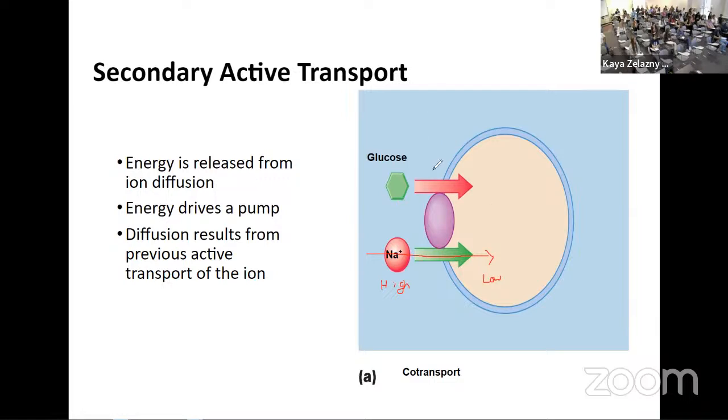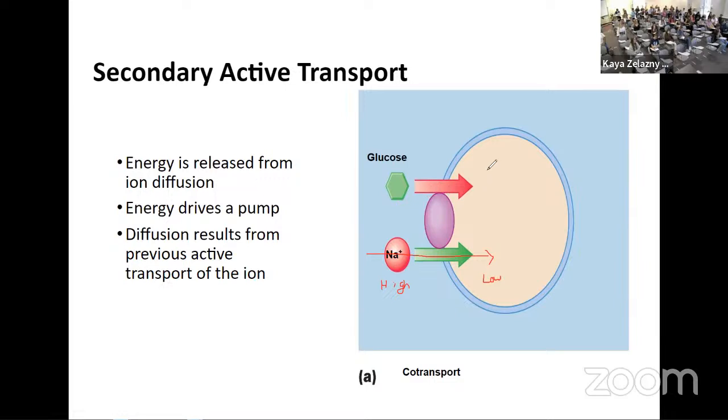But glucose here has a red arrow. So glucose, we would only be worried about its concentration gradient because it doesn't have a charge on it. It's not an ion. We don't have to worry about the electrical driving force. So we're just worrying for glucose about a chemical gradient, about the chemical driving force, about its concentration. So for glucose, we see this as a red arrow, so we know it's against its preferred direction.